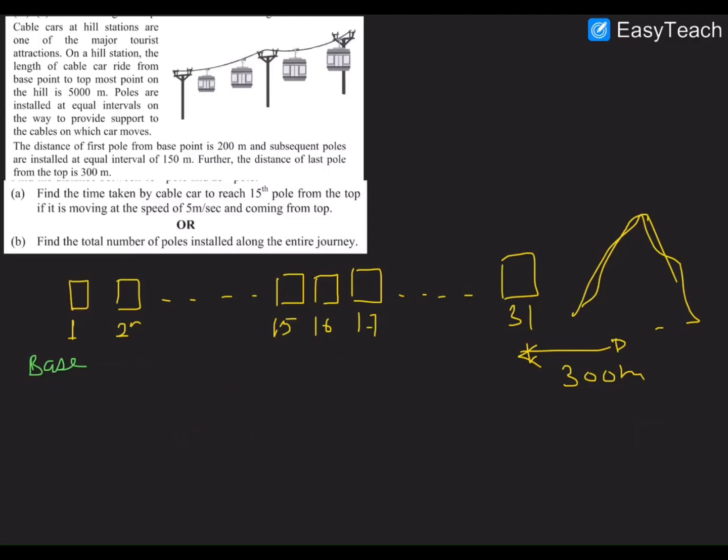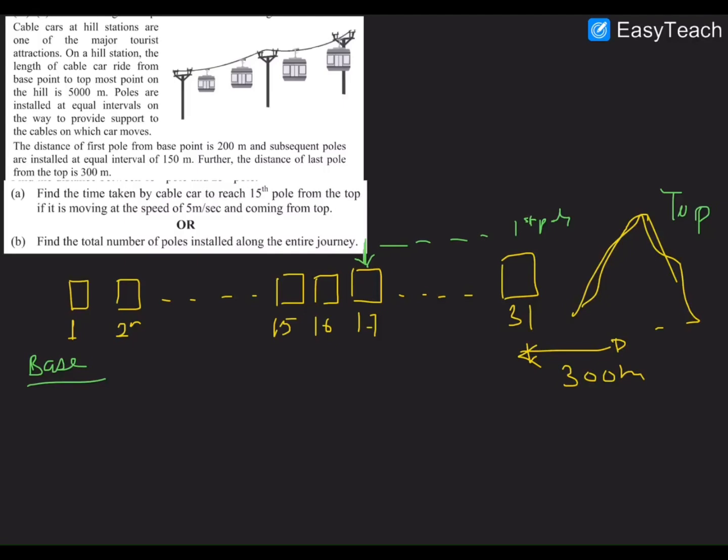Again I am explaining, this is your base and this is your top. From the top, the 15th pole, that means 31 will become your first pole now, and counting backward, the 17th is your 15th pole from the top.